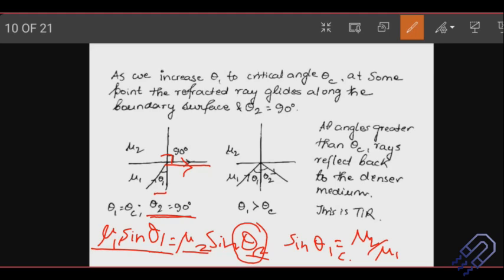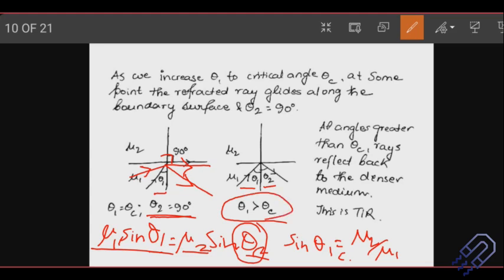Okay. Now what happens if we go beyond, that means if we increase the angle to, let's say, this particular value? The ray of light is not going to pass along the surface. The ray of light is also not going to get refracted. In fact, it's going to get reflected in the same medium. So we will have theta 1 and theta 2, and this ray will be coming back into the medium.